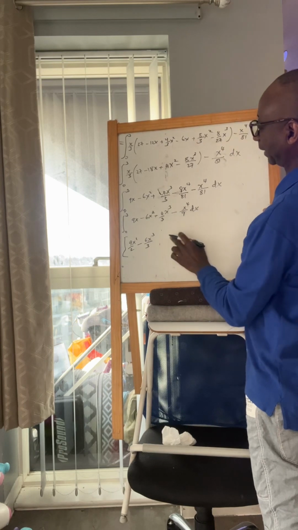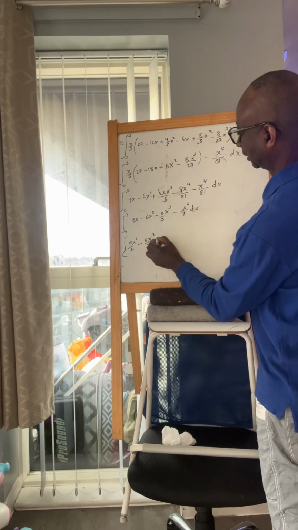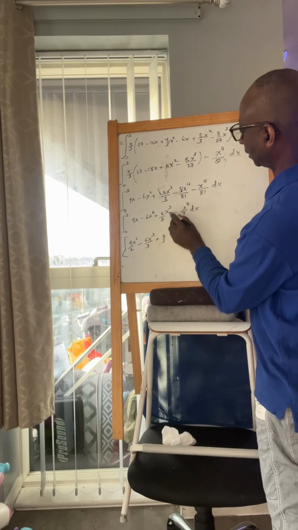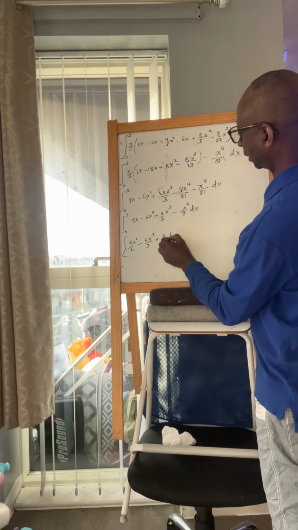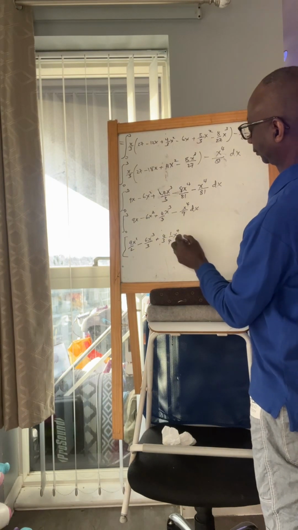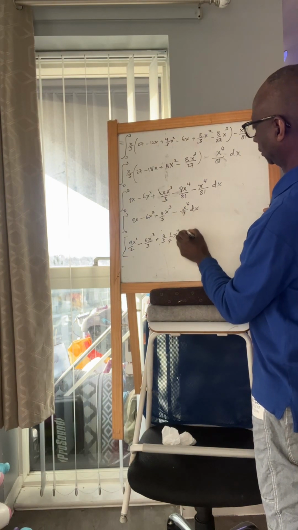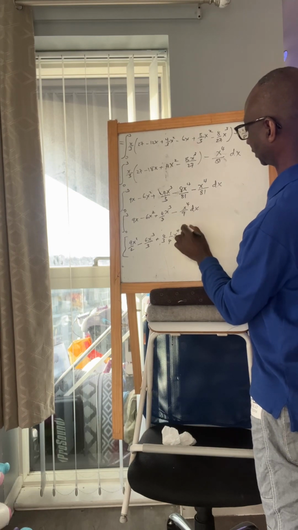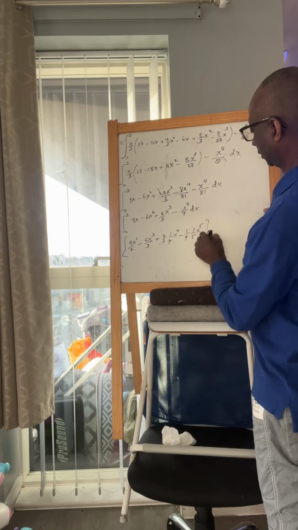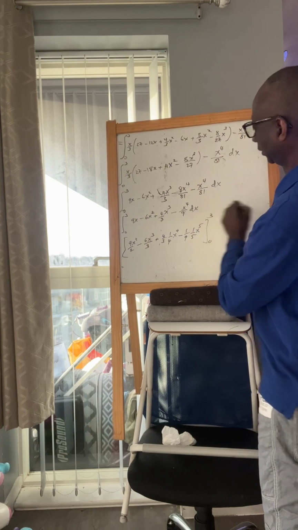I'm integrating now with respect to x, plus 4 all over 3. If you integrate this, you get 1/4 x raised to the 4, minus 1 all over 9 times 1/5 x raised to the 5, from 0 to 3.